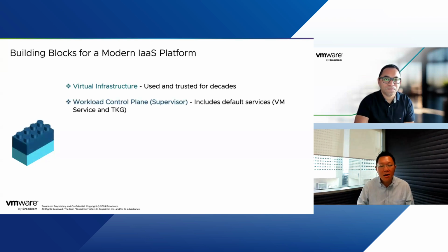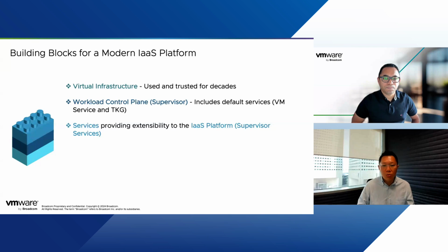And then on top of that, this is where we add the Kubernetes part into the virtual infrastructure. We need the workload control plane, or the supervisor cluster. Basically, this is a set of VMs that runs on top of your infrastructure and provides the Kubernetes API, and subsequently provides you with all these services: VM service, as well as Tanzu Kubernetes Grid services.